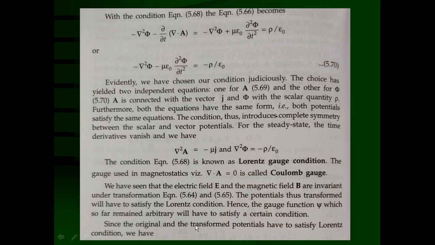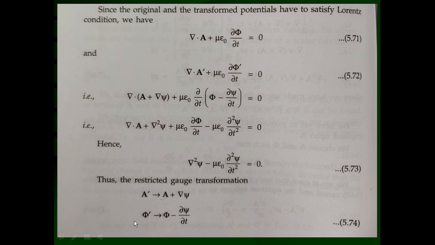Since the original and transformed potentials have to satisfy the Lorentz gauge condition, we have to choose like this. That is, divergence of A plus mu epsilon 0 del phi upon del t is equal to 0. This term was on this side, so it is taken to this side, so this becomes 0.